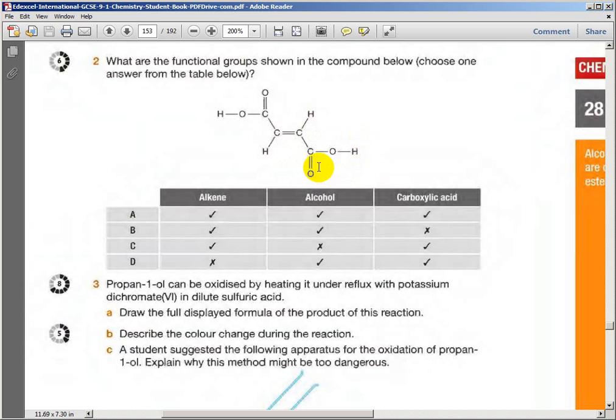This C double O oxygen is carboxylate. So we have already found two, alcohol and carboxylate. Here is a carbon-carbon double bond, which is alkene. So everything is present here: alkene, alcohol, carboxylic acid. Which option is correct?